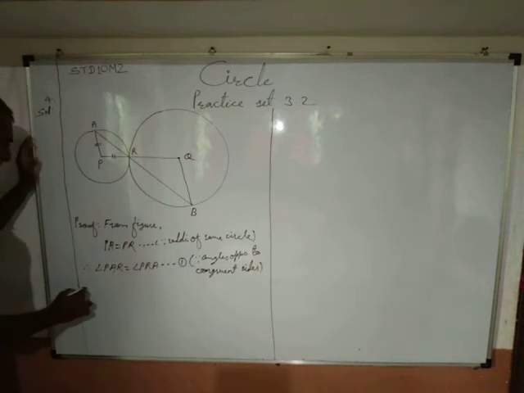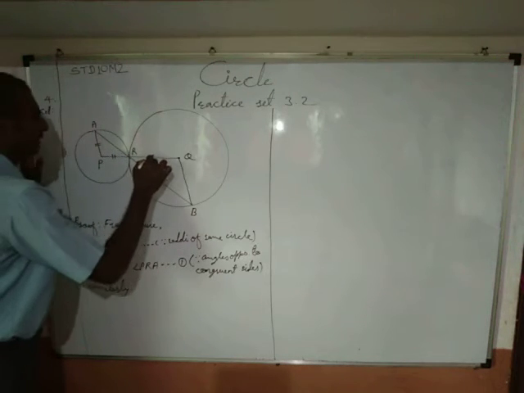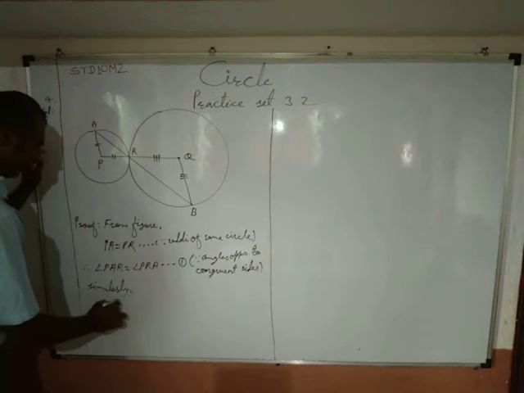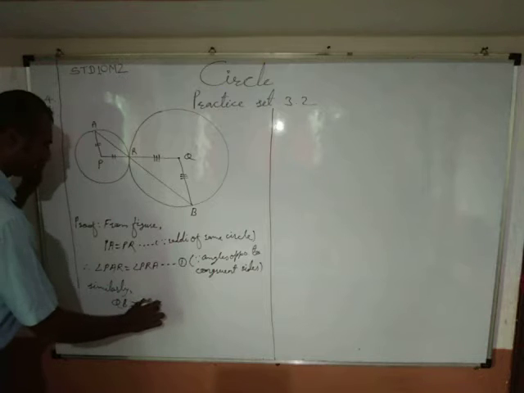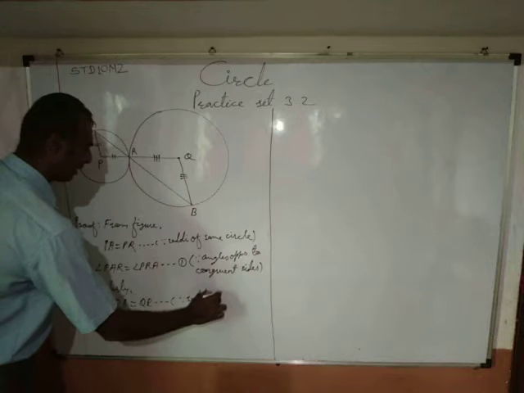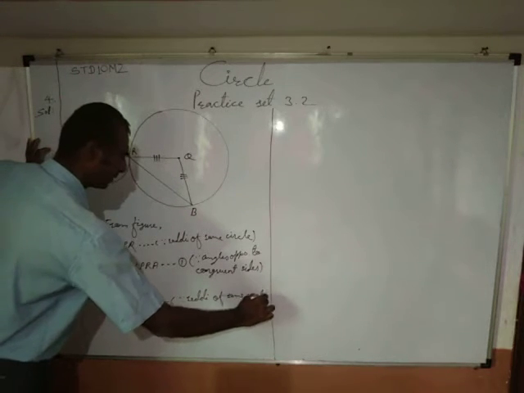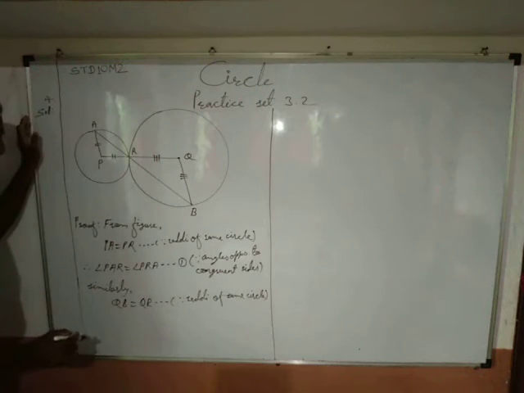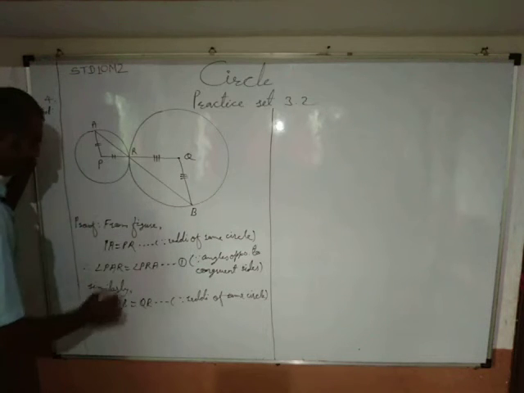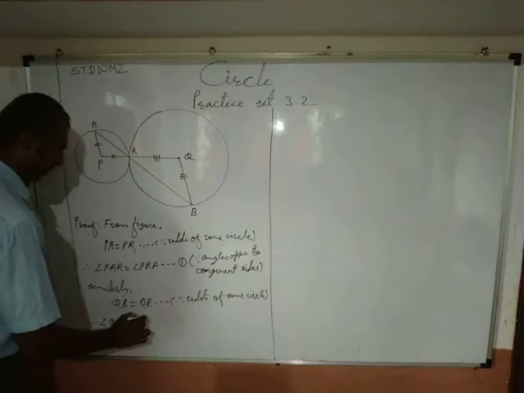Similarly, we may mention QB equals QR, since radii of the same circle, and therefore angle QBR equals angle QRB.